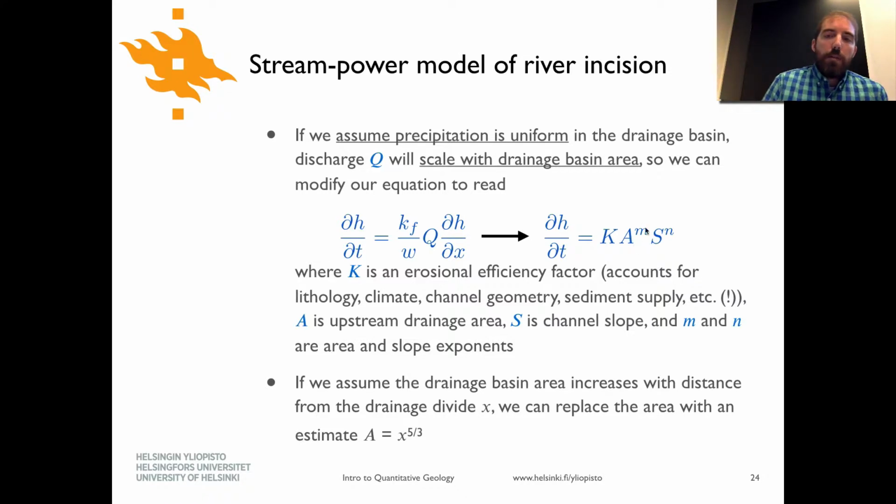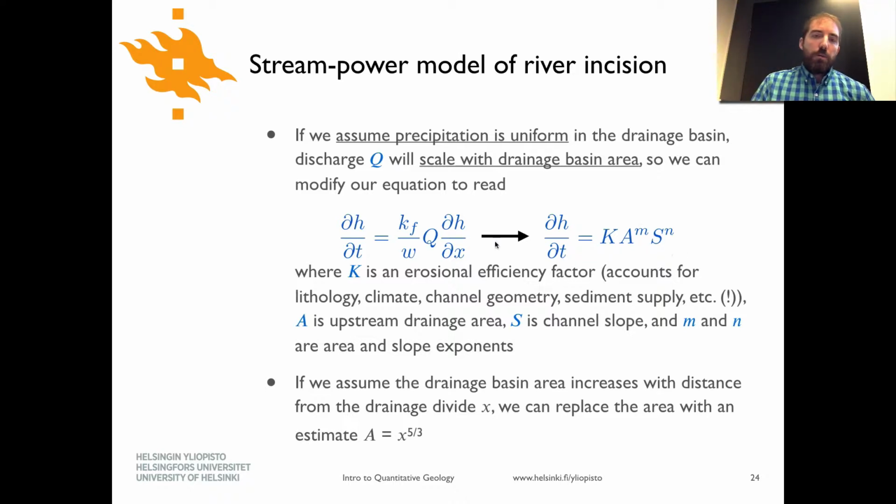And this M then is a power law exponent that kind of determines how that drainage area and discharge scaling works. So normally it's something like the square root of the area is how you see the discharge goes up, but there are different models for this. And actually you'll play with some of those in the exercise for this week.